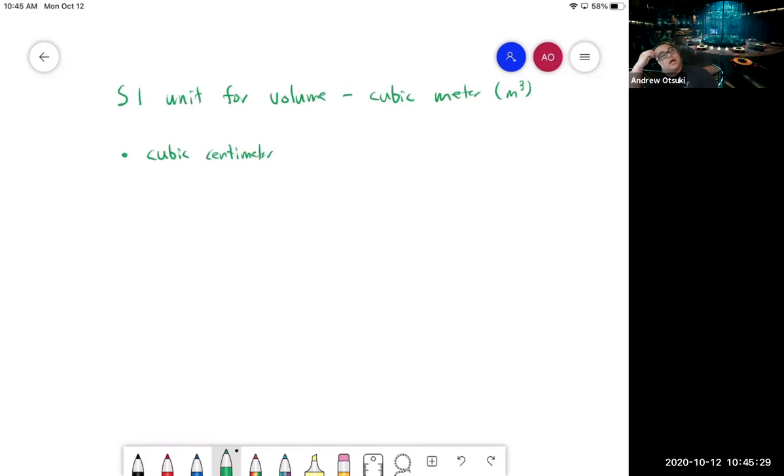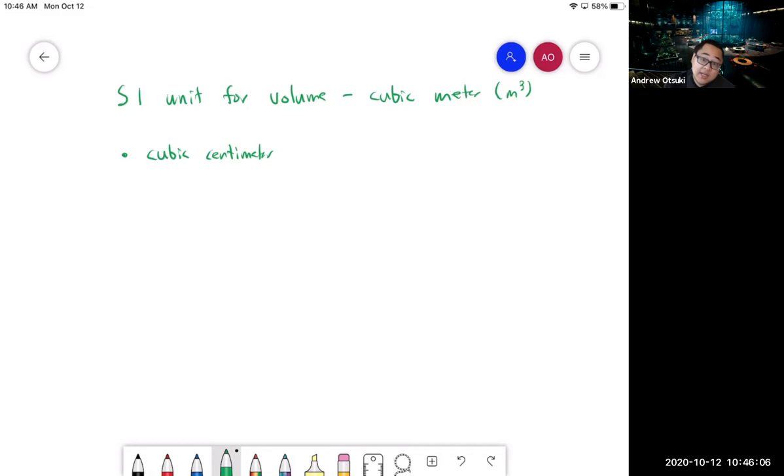Volume is actually a 3D quantity. Length is one dimension, this way. Area is two dimensions. You have a length and a width, and that gives you an area. But volume is like looking into a box. It has length, width, and in a third dimension, height.